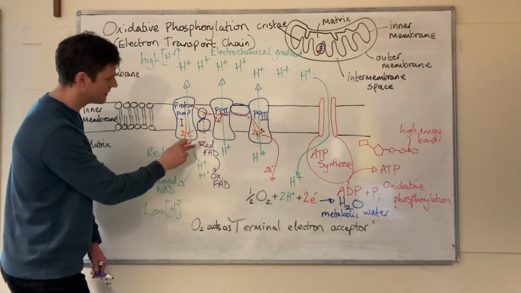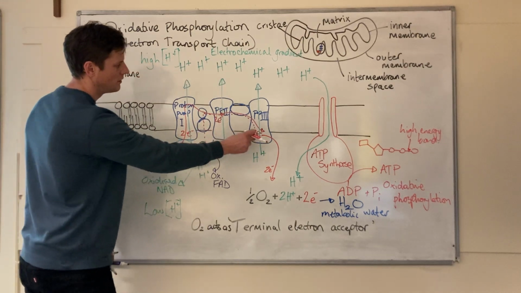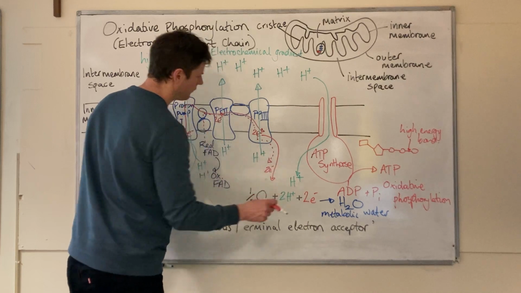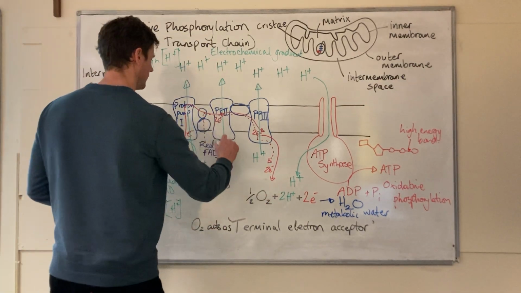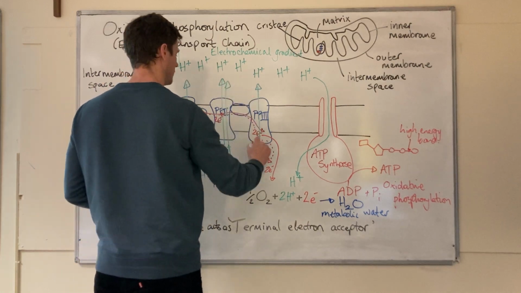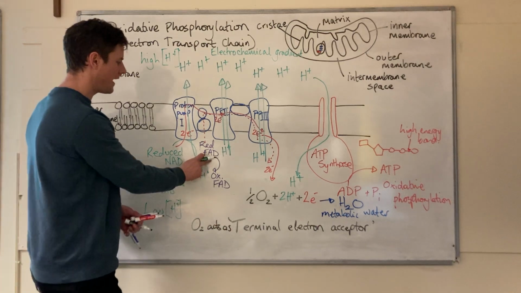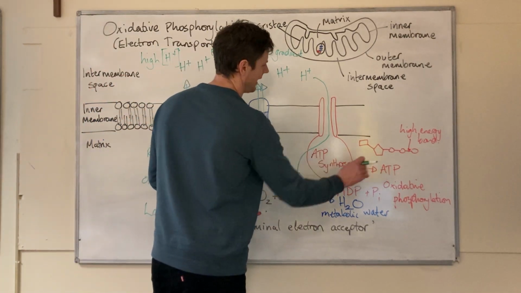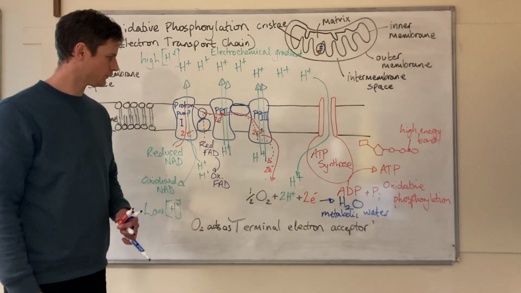But obviously, because it's only associated with proton pump number 2 and proton pump number 3, fewer protons are actually transported across. And therefore, reduced FAD is unable to produce as much ATP as the reduced NAD.